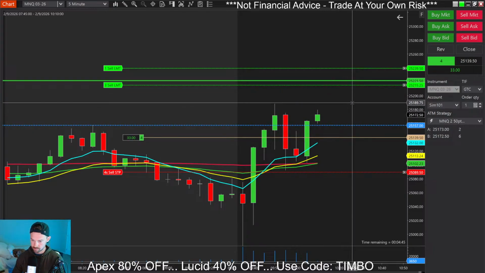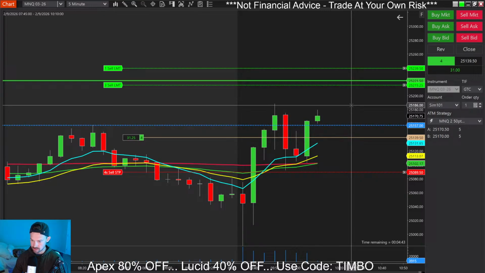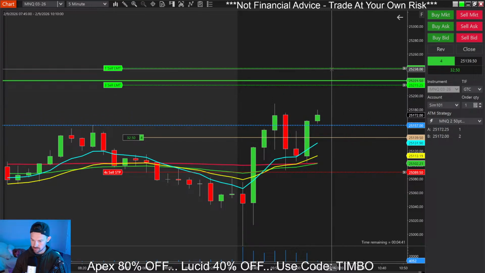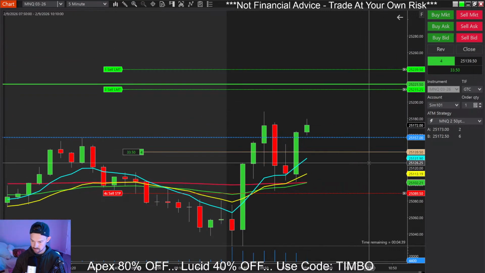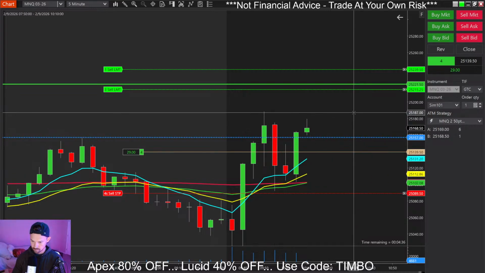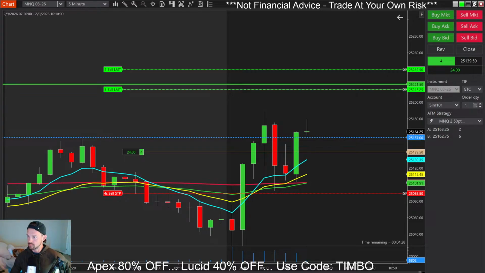Right up near these previous highs here on Nasdaq. Let's see if we can get new highs. ES kind of rejecting a little bit at the previous high. Let's see if we can get that push here.